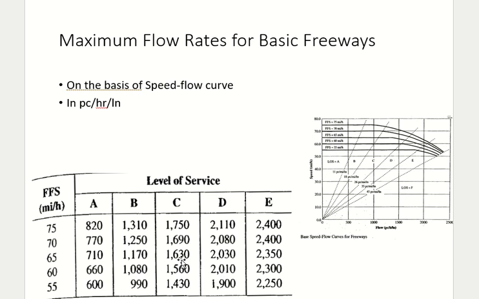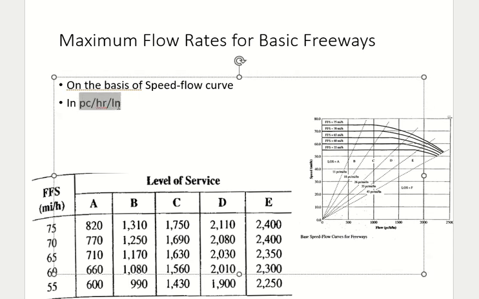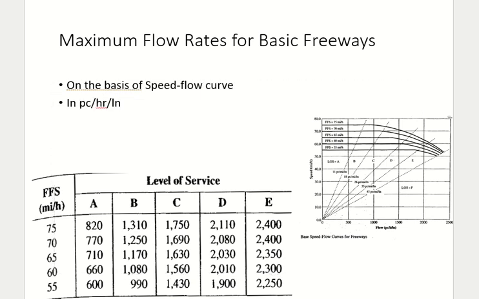What is service flow rate? The maximum value at a particular level of service. At level of service A, the maximum value is 710. Level of service B, the maximum value is 1170. All these values are in passenger cars per hour per lane.